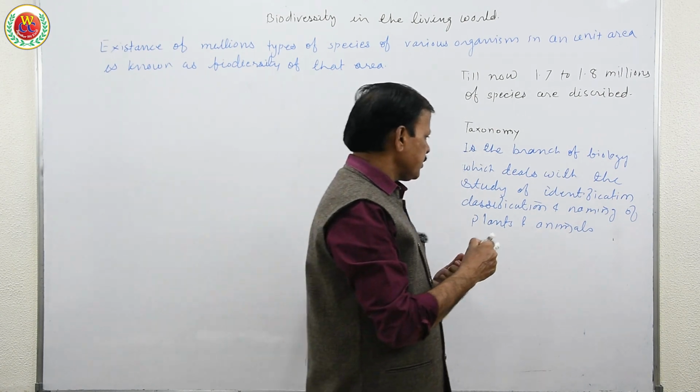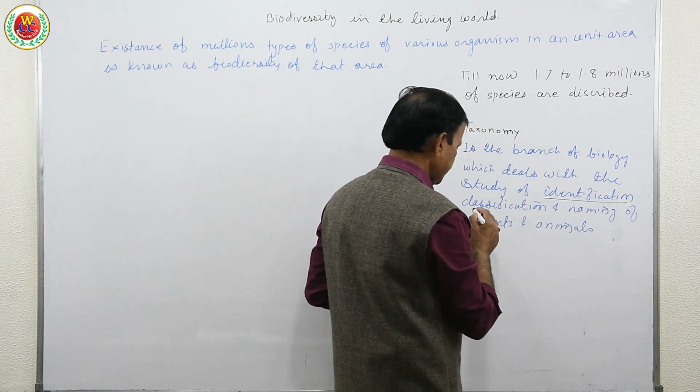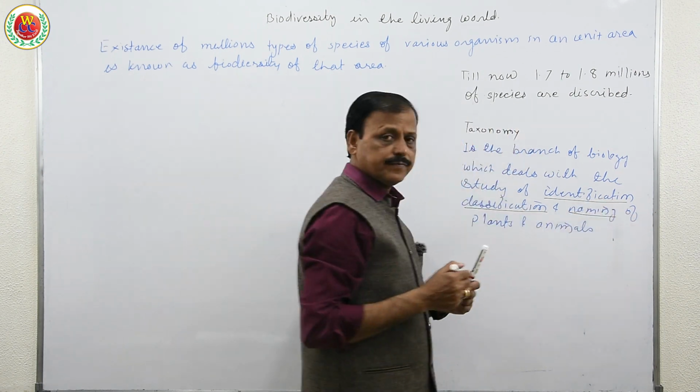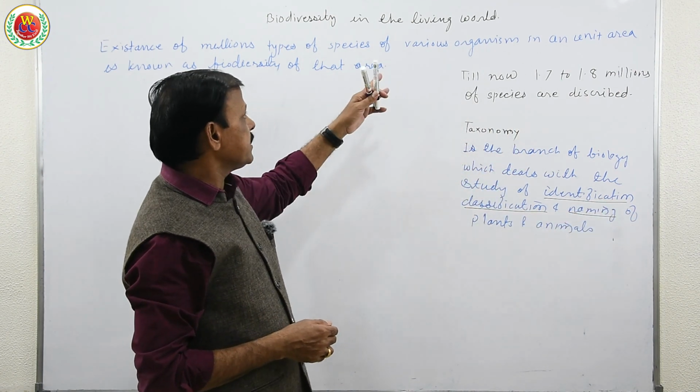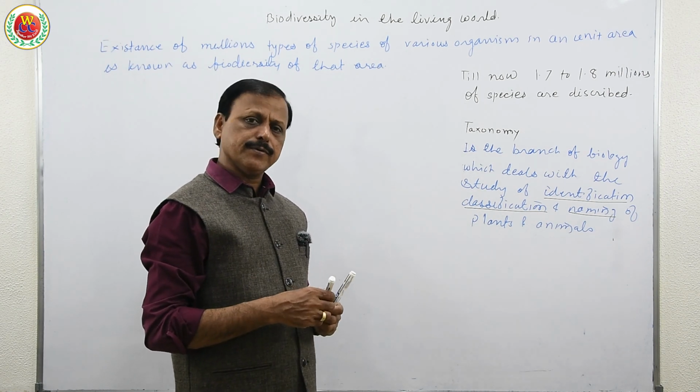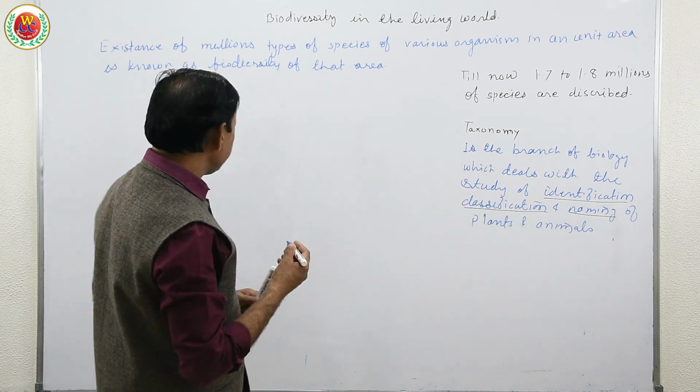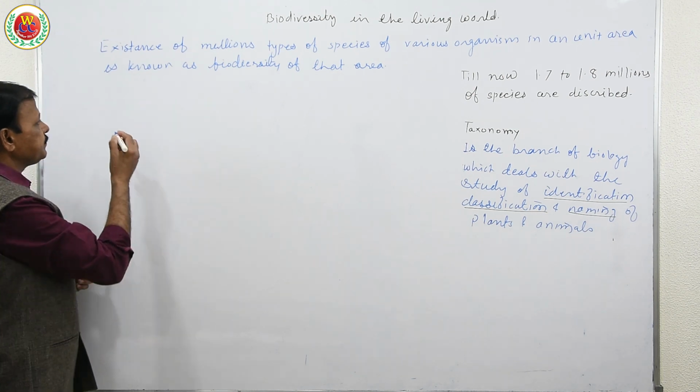So there are three steps: identification, classification and naming. One after the other has to be studied to have a complete description and knowledge of the living world. So first comes how to name them.